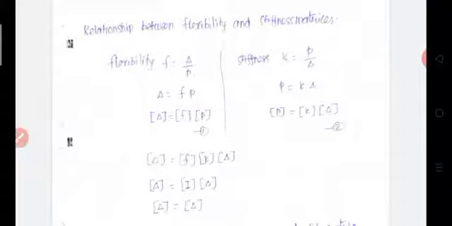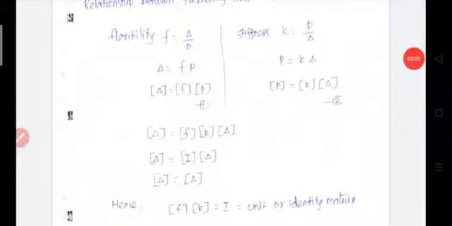Substitute equation 2 in equation 1. Therefore the delta matrix is equal to F matrix into K matrix into delta matrix. So delta on the left side is equal to delta on the right side. This is the case only if the product of the flexibility matrix and the stiffness matrix is equal to the unitary matrix. A unitary matrix multiplied by the displacement matrix gives again the displacement matrix.